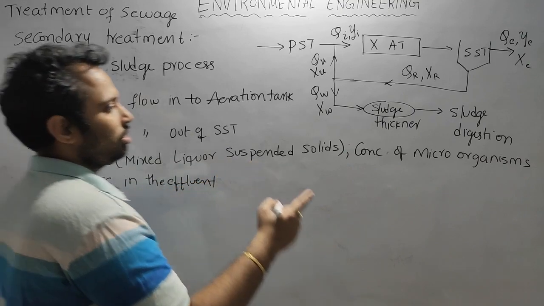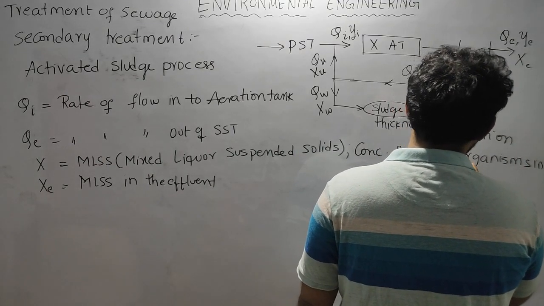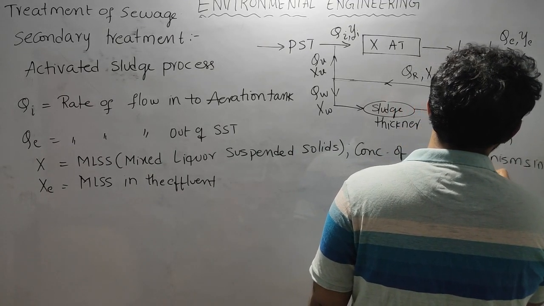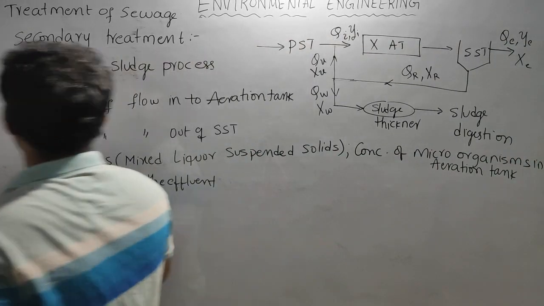So X is the concentration of microorganisms in the aeration tank, and XE is in the effluent.